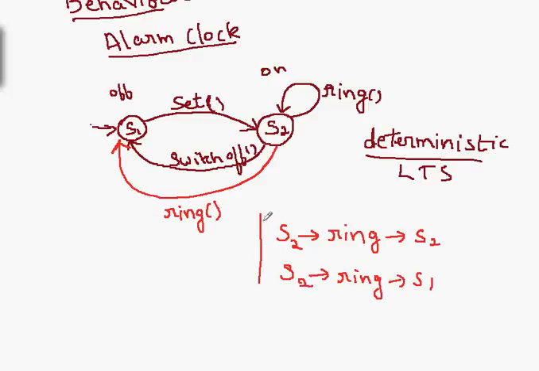So for the same action I can choose two paths. So this is non-deterministic.